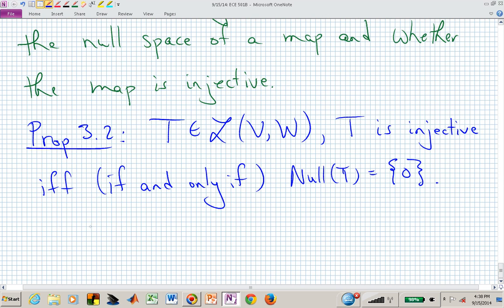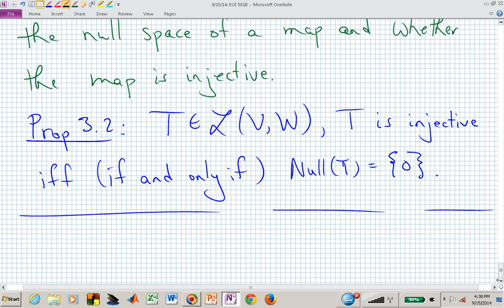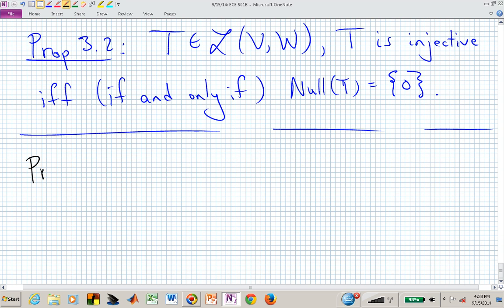Since it's a proposition, we better prove it. Let's see if we can. One way to prove if and only ifs is to start with one statement, show the end statement, and then do the opposite: start with the other statement and show that it implies the beginning statement.